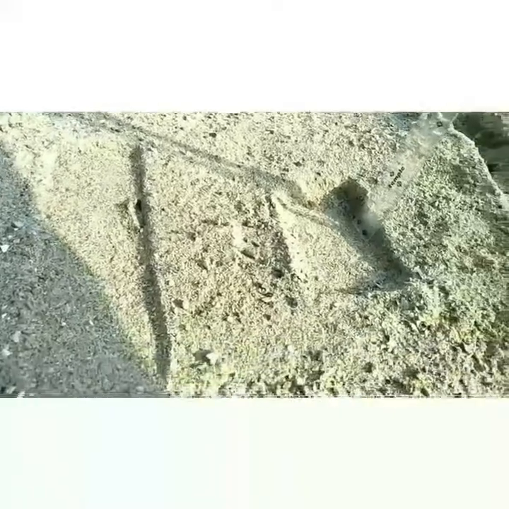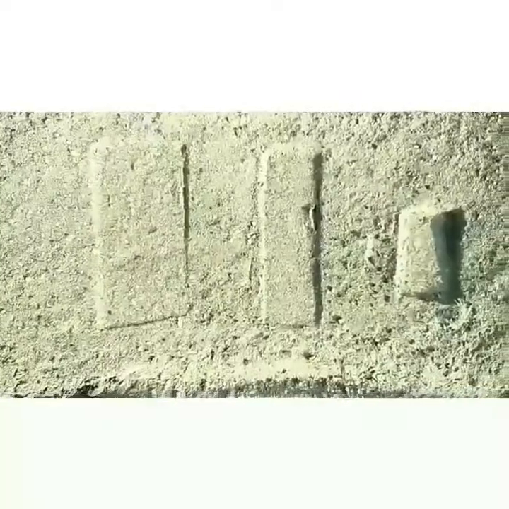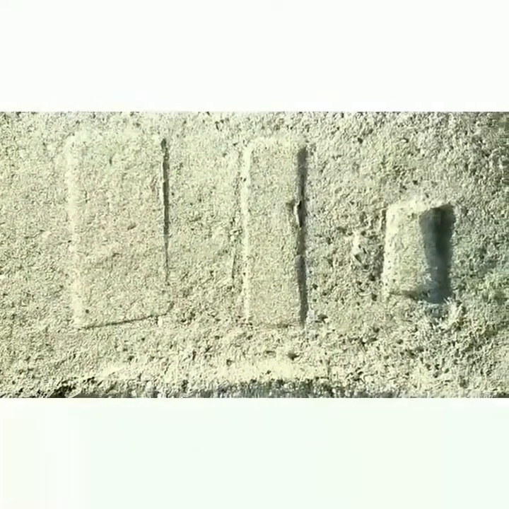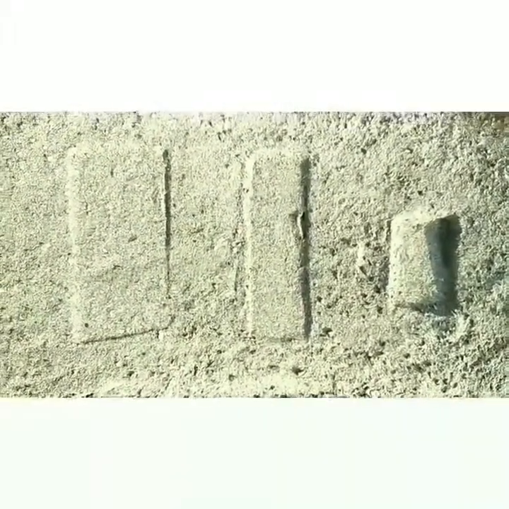Here it is approximately 6 mm, and when we measure the third impression, here the depth it is approximately 1.8 centimeter. Now why there is a difference in the depth of these three impressions?